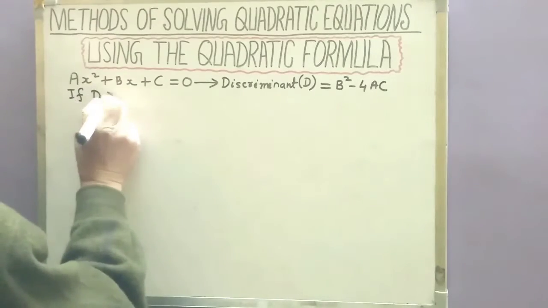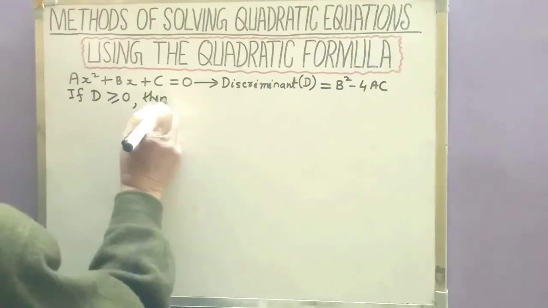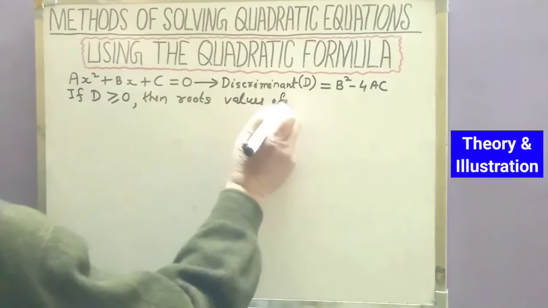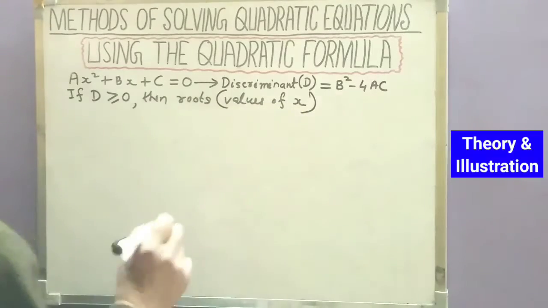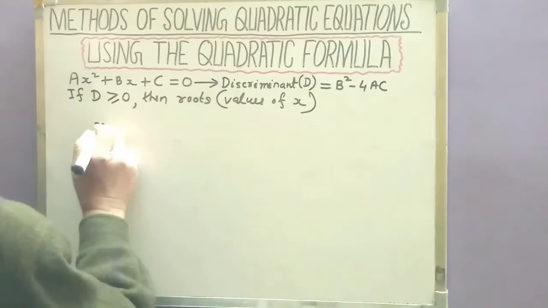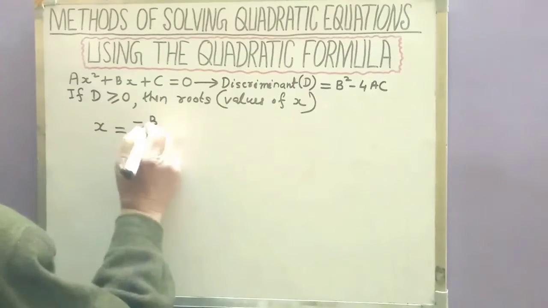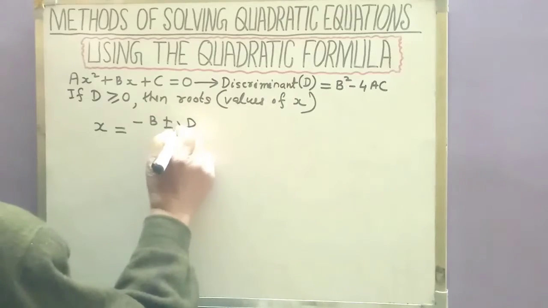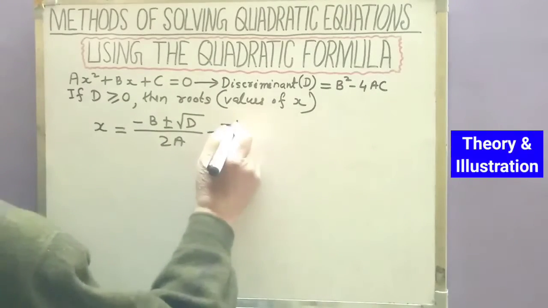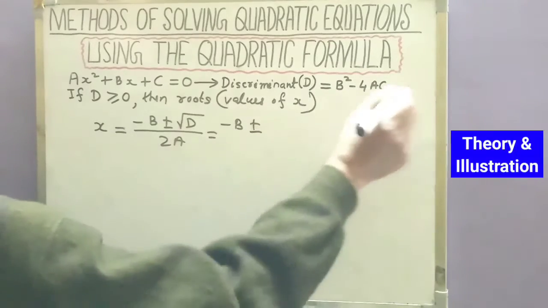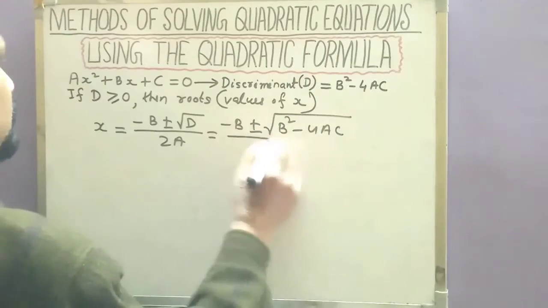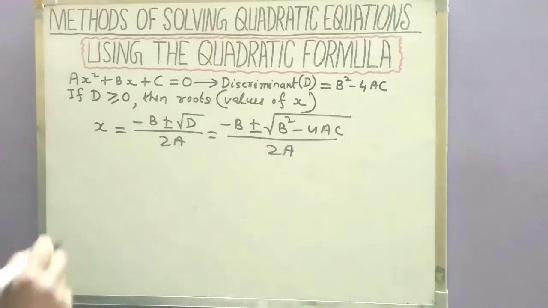If D is greater than or equal to 0, then the roots, that is the values of x of the quadratic equation, can be found using the quadratic formula, that is x = (−b ± √D)/2a, which equals (−b ± √(b² − 4ac))/2a.